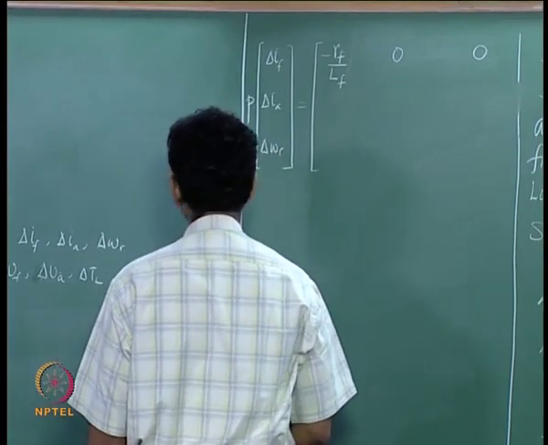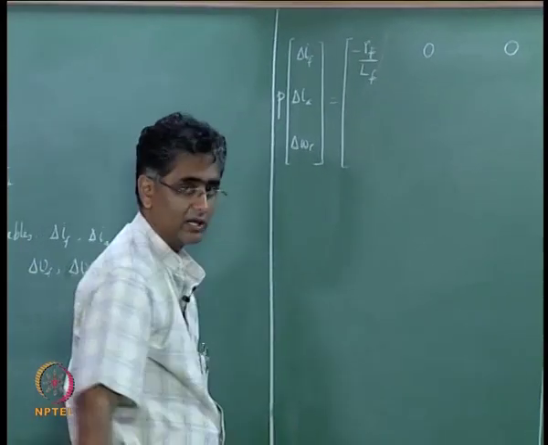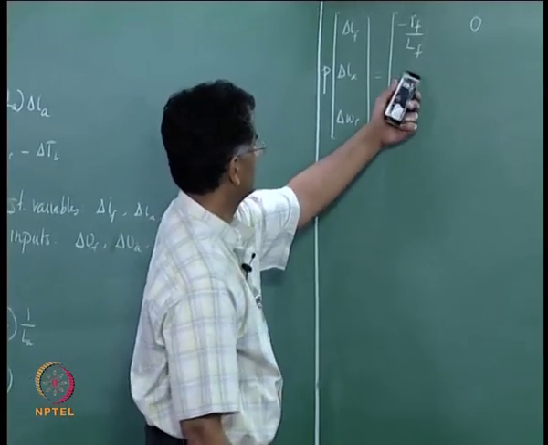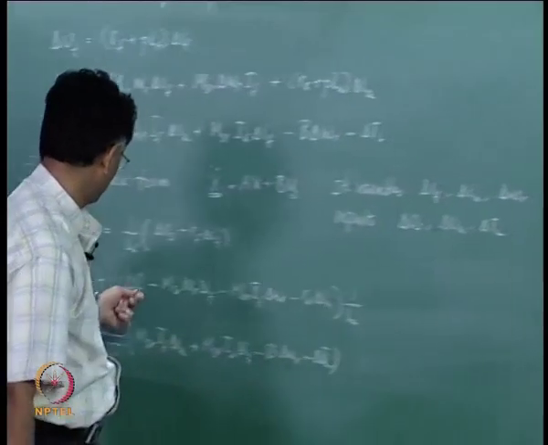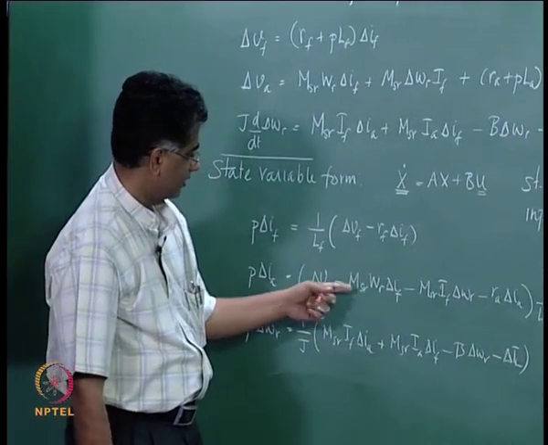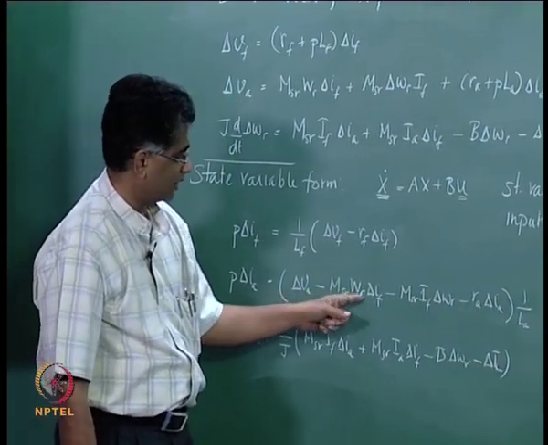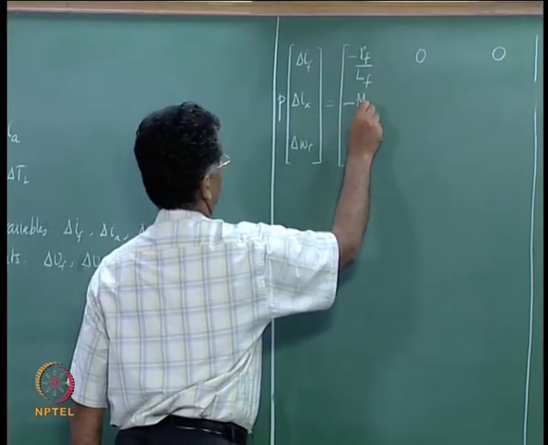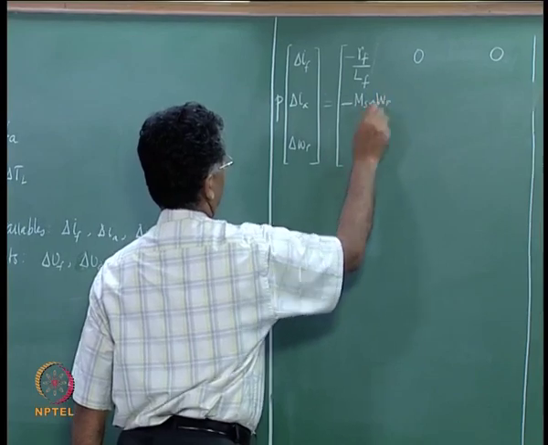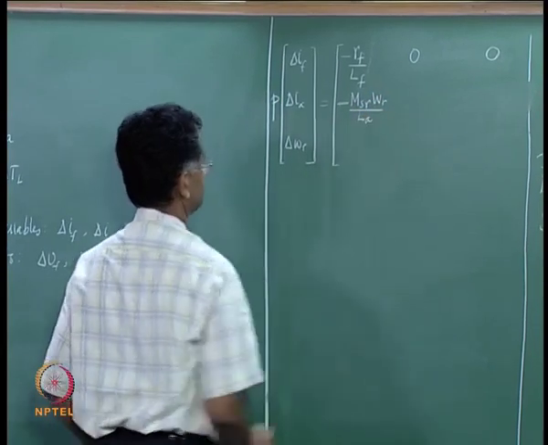In the next row you have an expression for P delta Ia. The first term corresponds to delta If, so we identify the term from delta If here. It is minus MSR omega r divided by La.